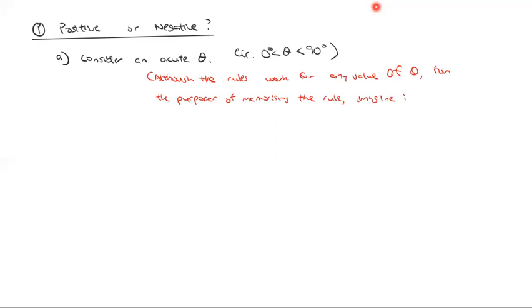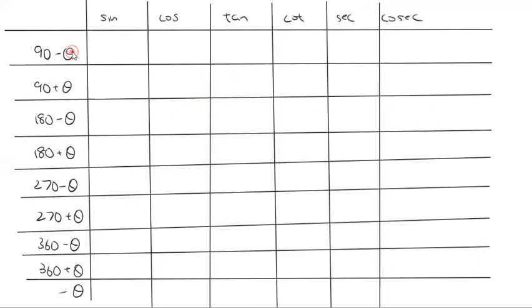If it is acute, then identify the relevant quadrant that the angle falls in. That's the first part of step 1. So go back to this table here. If theta is acute, 90 minus theta is which quadrant? The first quadrant. The next one, this one is the second quadrant.